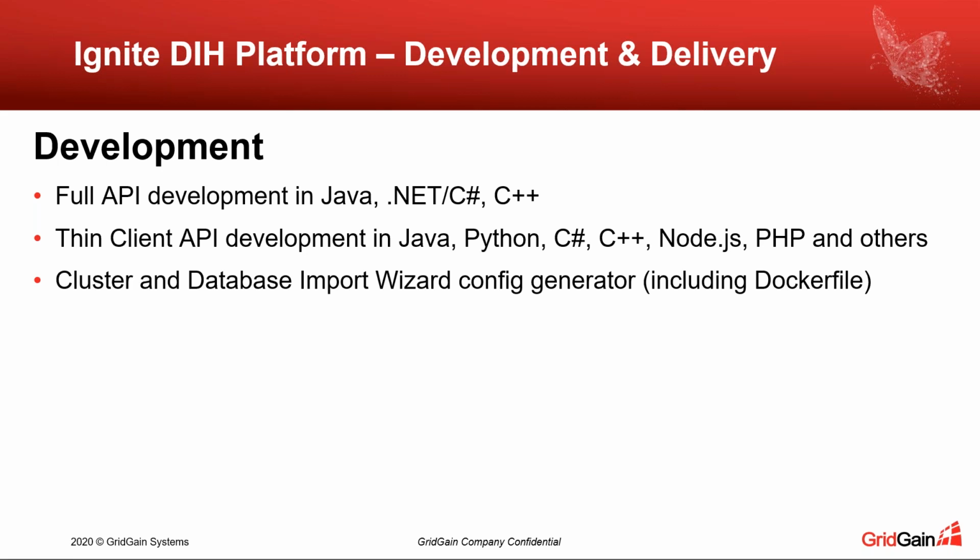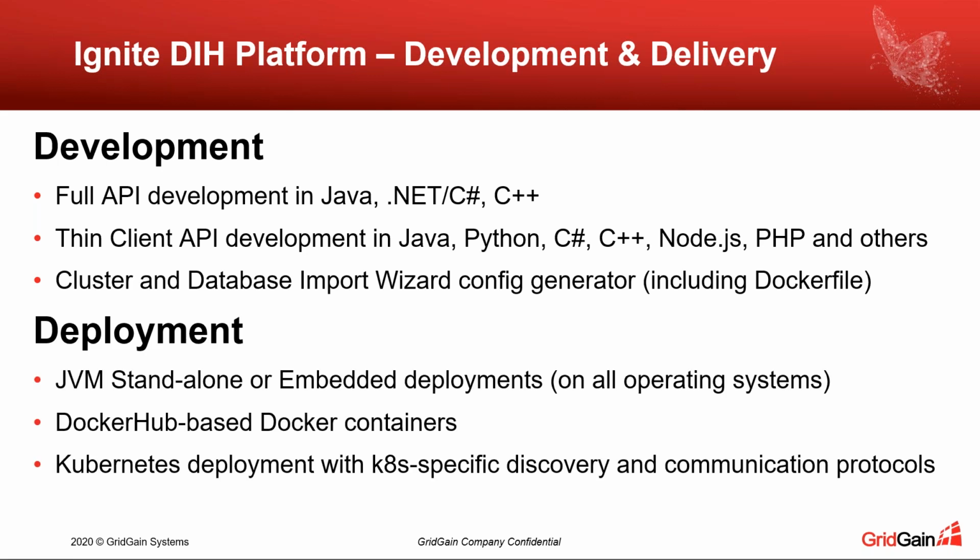The thin client API, which is pretty functional, but can't do storage, can be coded in Java, Python, C#, C++, Node.js, PHP, and others. And we have cluster and data import wizards to automatically generate cluster configurations for you, including Docker files if you want to deploy that way.